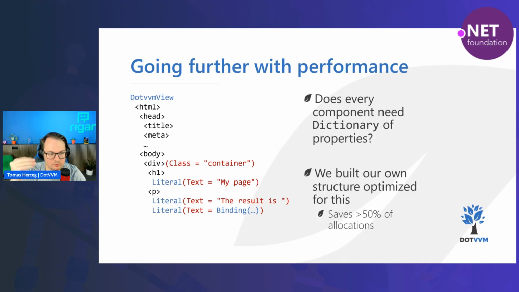So every object in this control tree had its own dictionary. We found out that most objects have only a very small number of properties, like 2 or 3 or something like that. So we built our own structure that can hold up to 8 properties without allocating that much data in memory. And this is how it helped us reduce the number of memory allocations.